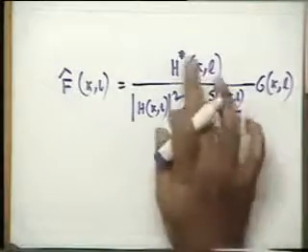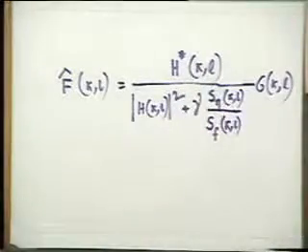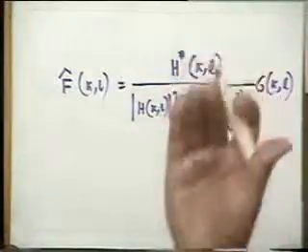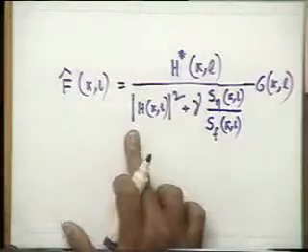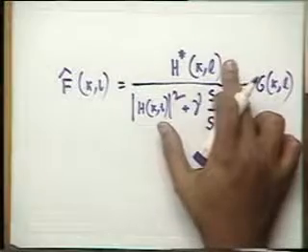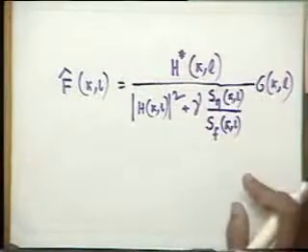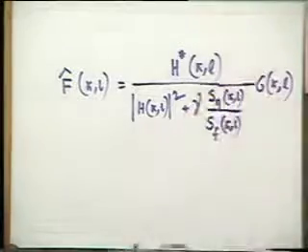Now this expression is okay, but there is a term H star KL, so let us do something with it. If I multiply this by 1 upon H KL, multiplying the numerator as well as the denominator by H of KL, the numerator becomes mod of H KL square, and in the denominator we get the H KL term.